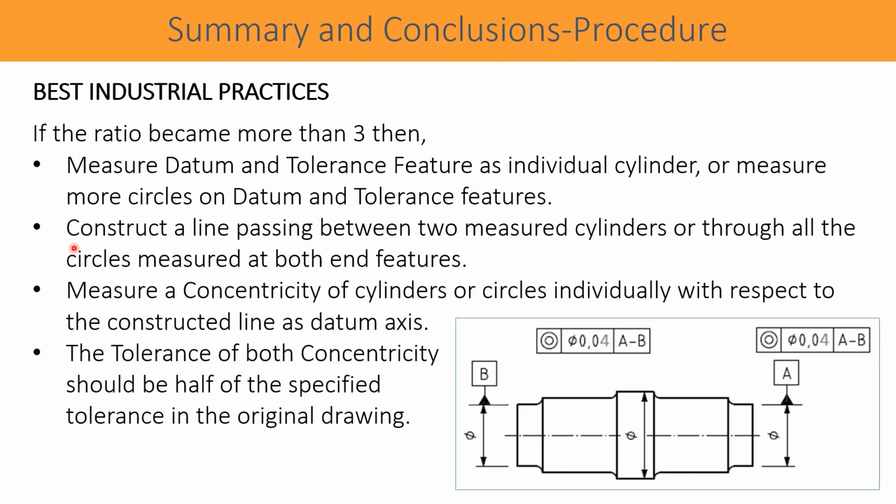Construct a line passing between the two measured cylinders, or if circles are measured, then a line passing through all the circles measured at both end features. Now measure concentricity of the cylinders or circles individually with respect to the constructed line, that is the common datum. The tolerance of both concentricities should be half of the specified tolerance in the original drawing.